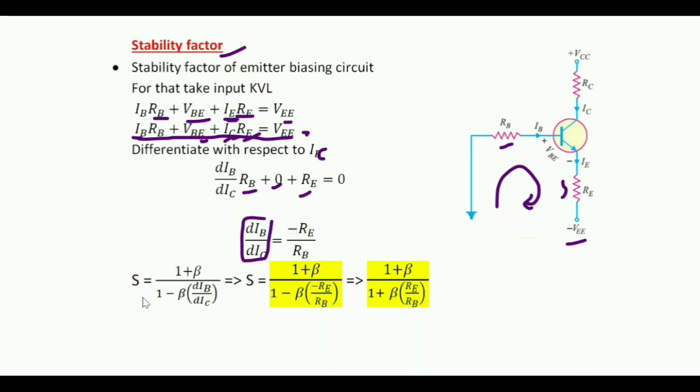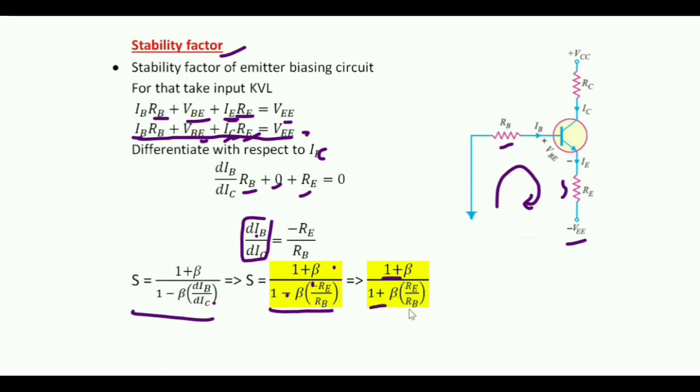We know that the stability factor equation is S is equal to 1 plus beta by 1 minus beta into dIB by dIC. If we replace the dIB by dIC value with minus RE by RB, then we will get 1 plus beta by 1 minus beta into minus RE by RB, and we can multiply this and cancel the minus, and we will get finally 1 plus beta by 1 plus beta into RE by RB.